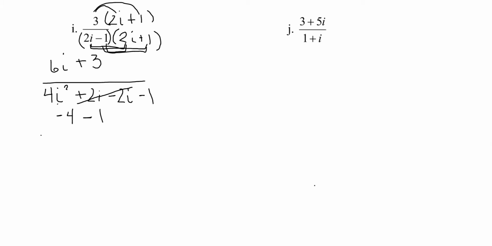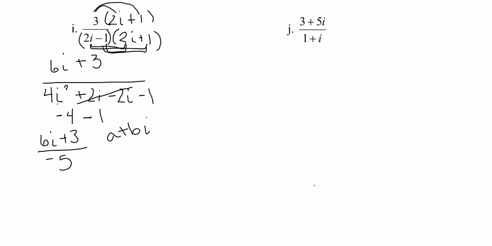So right now I have 6i plus 3 over negative 5. And the last thing we want to do is write it in a plus bi form. We do have a fraction here, but we need two separate fractions. We need to have the real number part and the imaginary part.